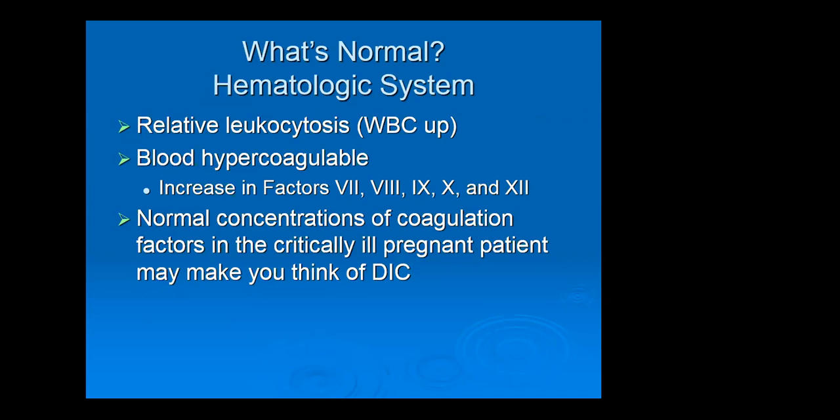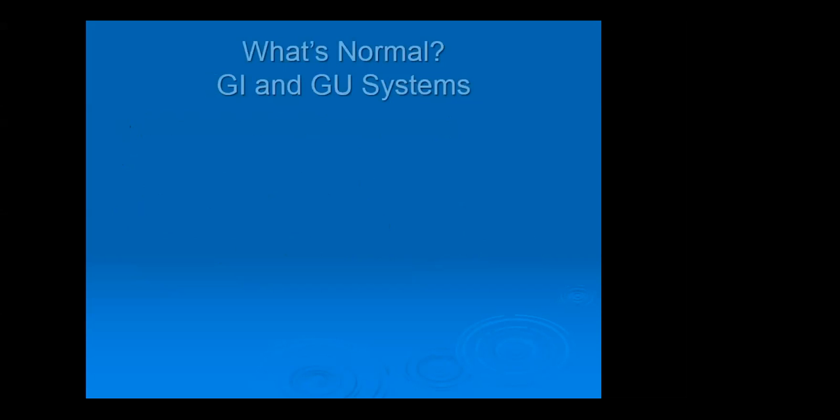So that's disseminated intravascular coagulation, DIC. Be careful in interpreting the labs and thinking that's the pathway for the OB patient when that's possibly a normal finding.